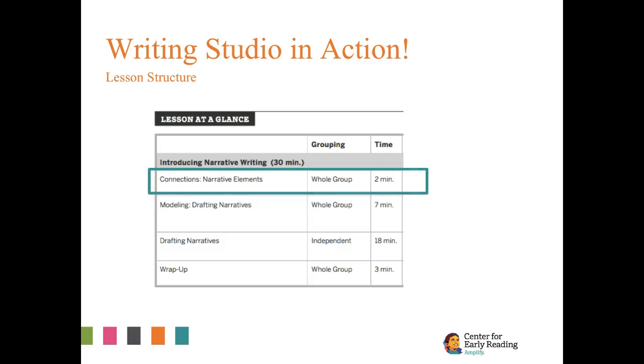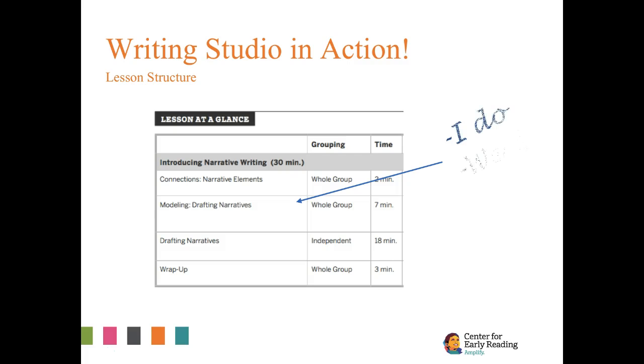Connecting a lesson. Here is where we provide time for you and your students to reflect on the CKLA content they've already learned during core instruction. Modeling. This is where you are modeling what you want your students to do. It often includes you working together with your students to complete an exemplar. Think of this as the I do or we do portion of your day.